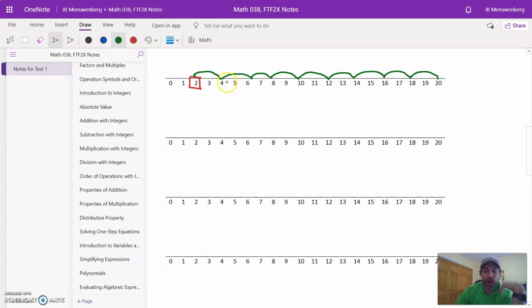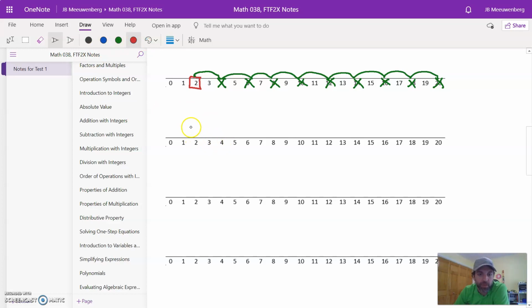So they can't be prime. These all must be composite. So I'm going to cross them off the list. We're going to identify simply the prime numbers right now. Gone, gone, gone, right? The ones I just crossed off are all multiples of 2, which means they are composite. Well, let's look at 3.